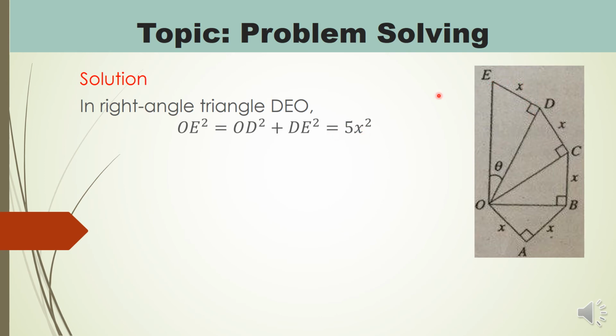Now you know the hypotenuse and the adjacent side, so you can find cosine.